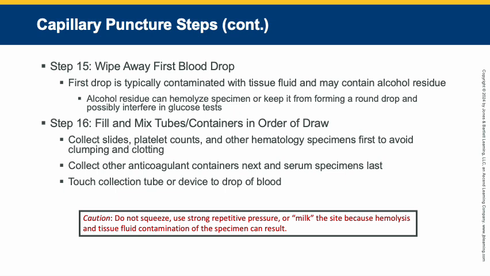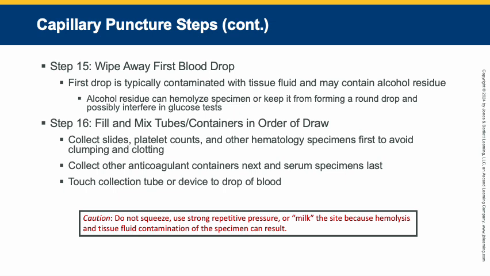Step number 16, fill and mix the tubes or containers in the order of draw. Continue to position the site downward to enhance blood flow and continue to apply gentle, intermittent pressure until a second drop forms. Continue to apply that pressure as needed to ensure the free flow of blood required for accurate test results.